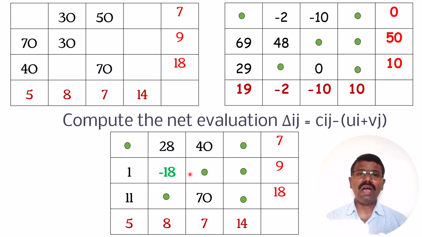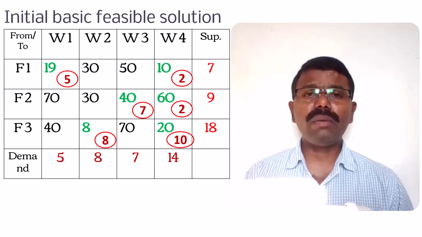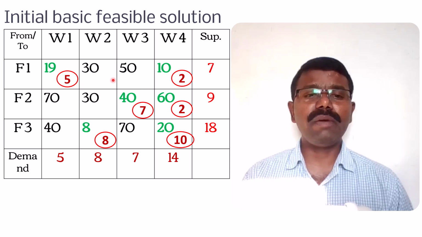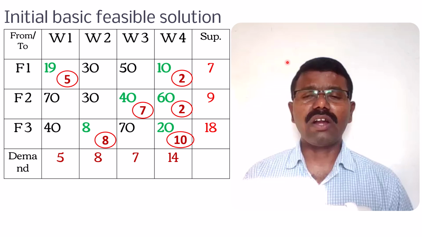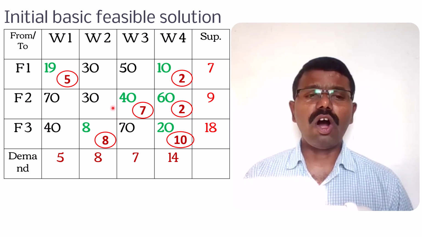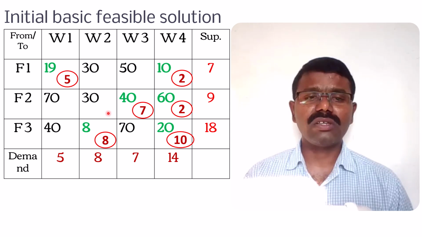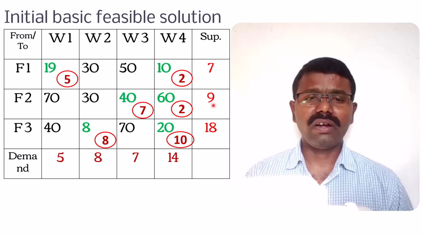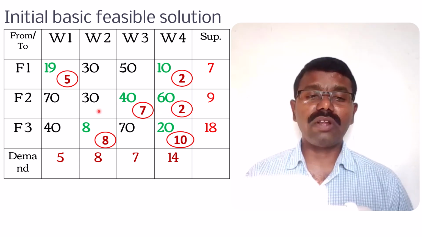Again we need to go to the basic feasible solution. This is the basic feasible solution from the previous matrix according to the modified distribution method. In this cell, we need to assign some units. How much can we assign? Now if I want to assign some units to this, suppose I assign 9 units to this, so already 7 plus 2, 9 are assigned to these two cells, that I need to drag here.